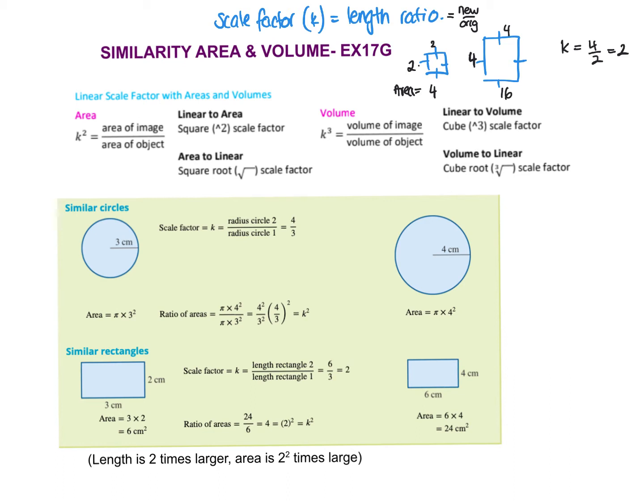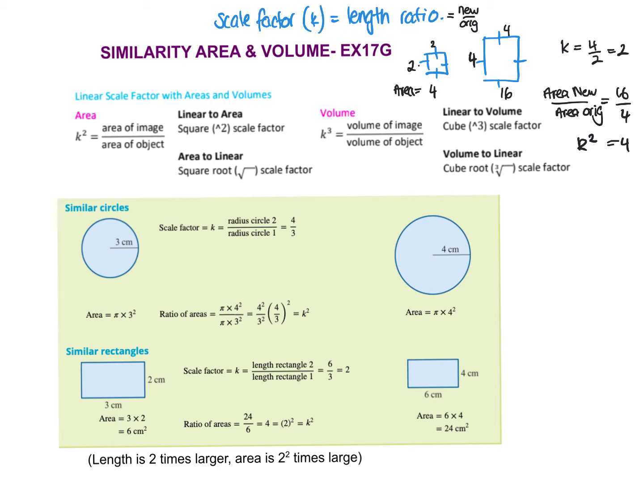If you compare their areas, the area of the new over the area of the original is 16 over 4, which is 4. That is actually K squared, because K was 2, and if you square it, it's 4. So the area of a similar shape is K squared bigger.